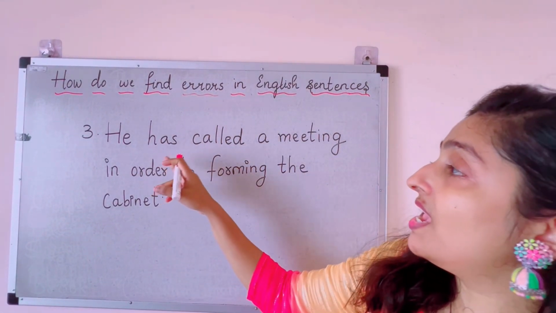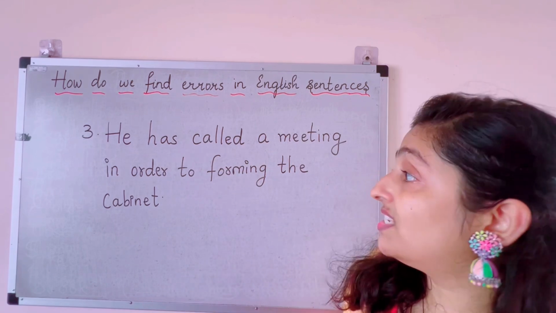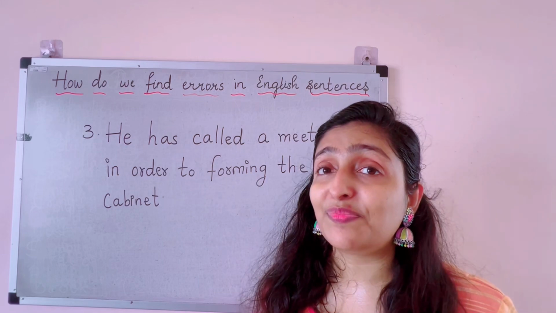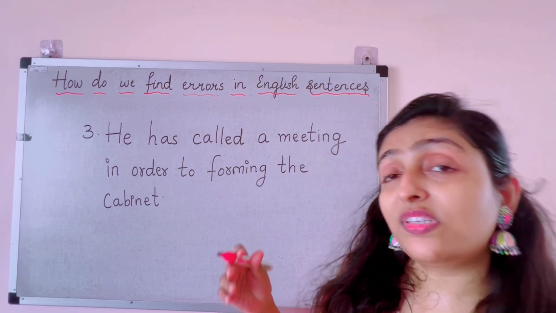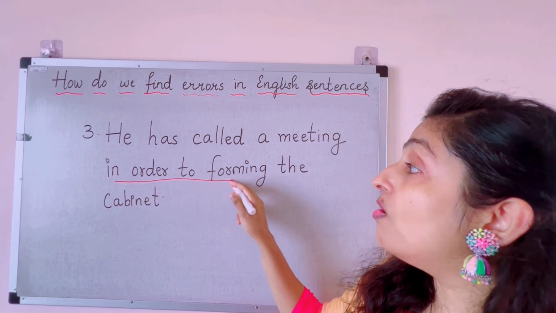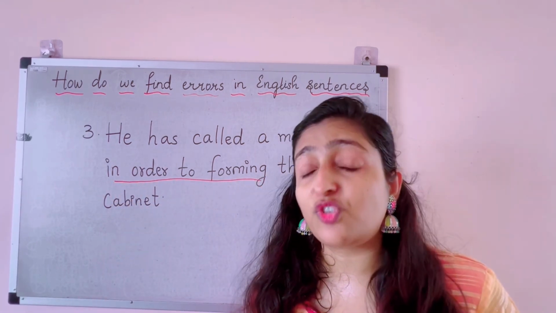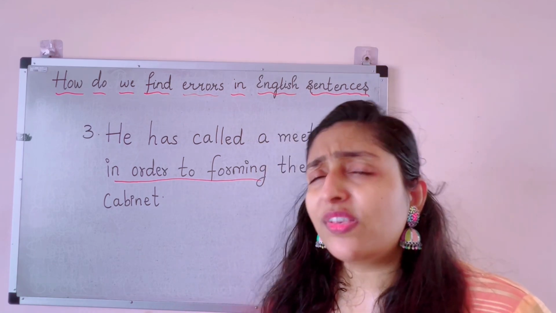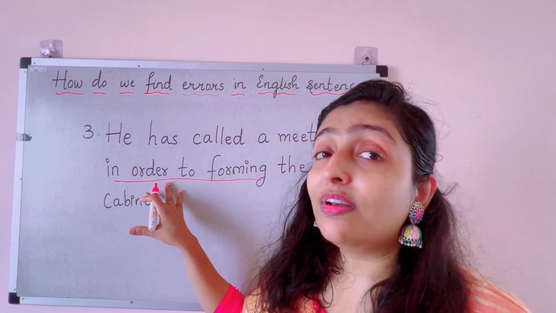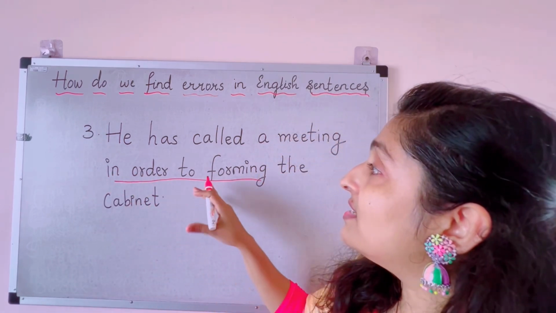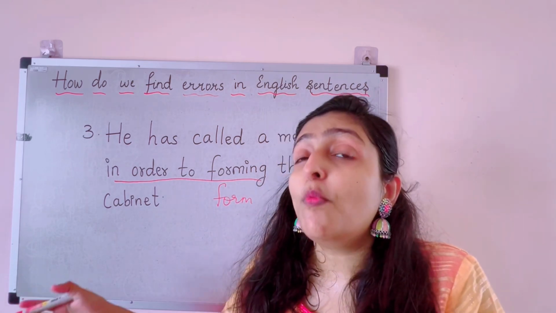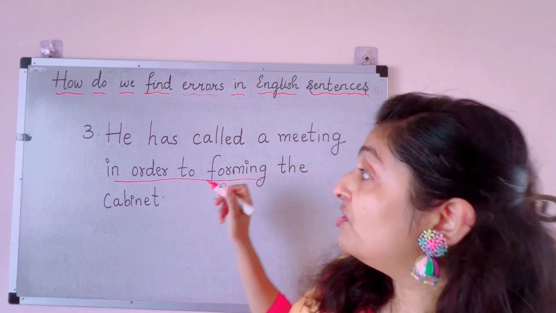Next is, he has called a meeting in order to forming the cabinet. Okay. So what is the error in this sentence? In order to forming is a wrong construction in the sentence. Then what is right? If you have to use in order, then you need to write to form. Okay, you use the infinitive form of the verb with in order to.